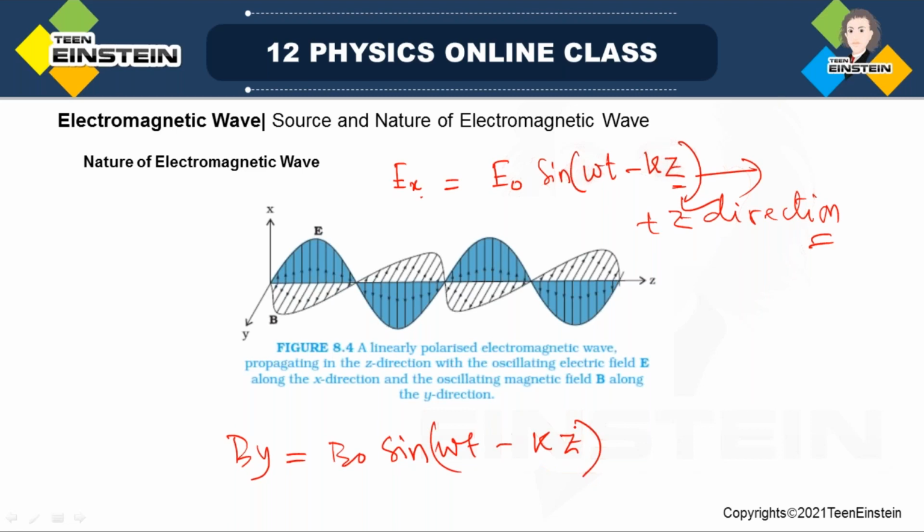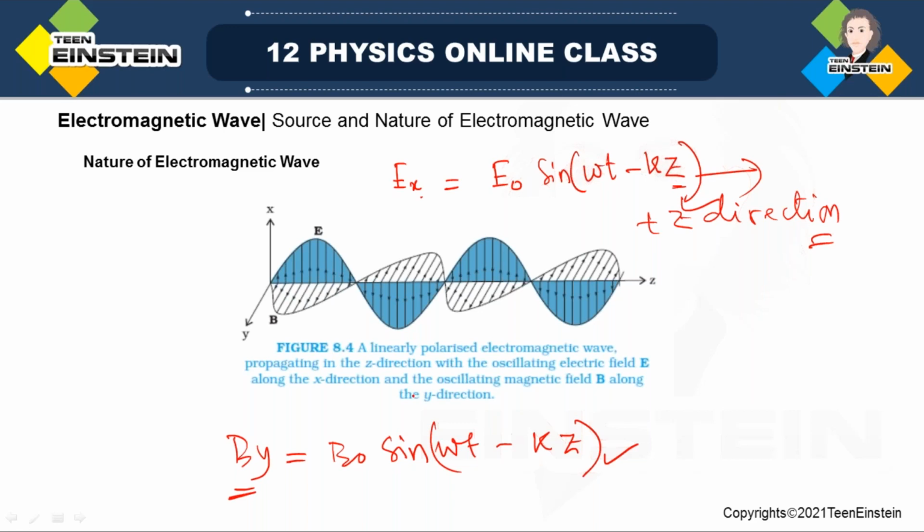So this kz represents the propagation of the whole electromagnetic wave, whereas your B is denoted along y.